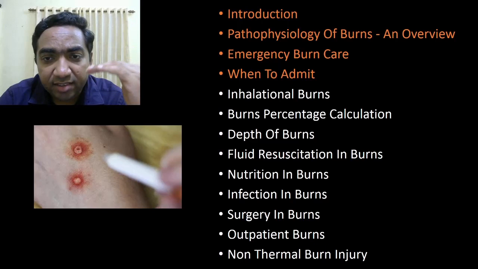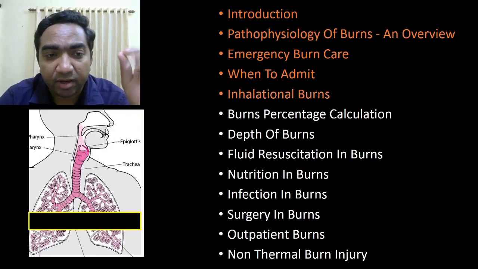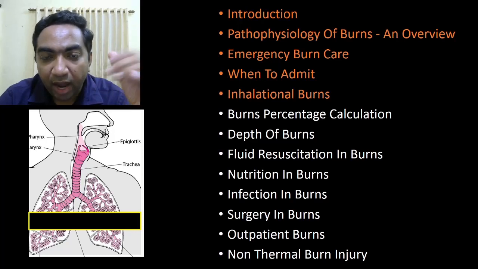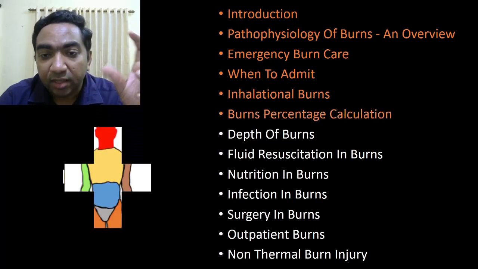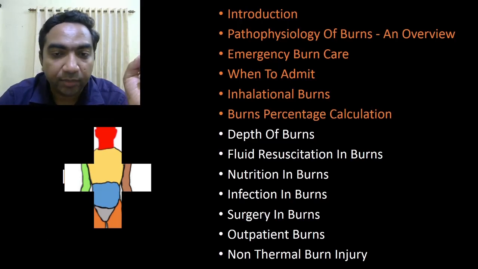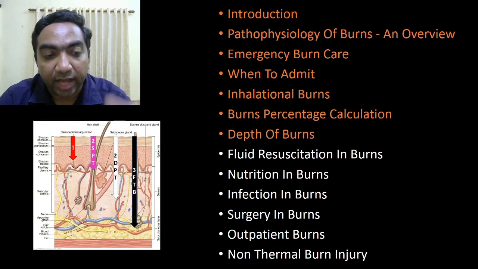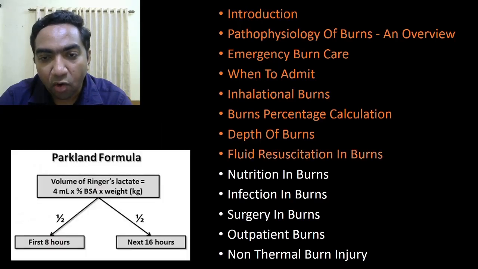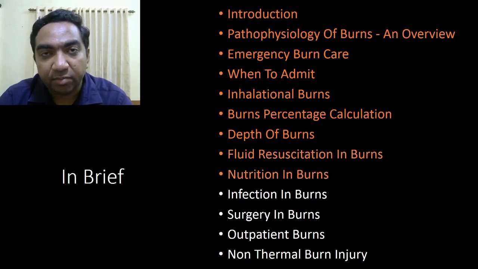Then we have discussed inhalational burns, chemical pneumonitis, the deeper burns, the burns around the oral cavity, and how to identify and treat them. Burn percentage calculation, the rule of nines, and the Lund-Browder chart, depth of burns assessment, and the different responses of the different depths of burns having different treatment outcomes, fluid resuscitation in burns, the Parkland formula, nutrition in burns.